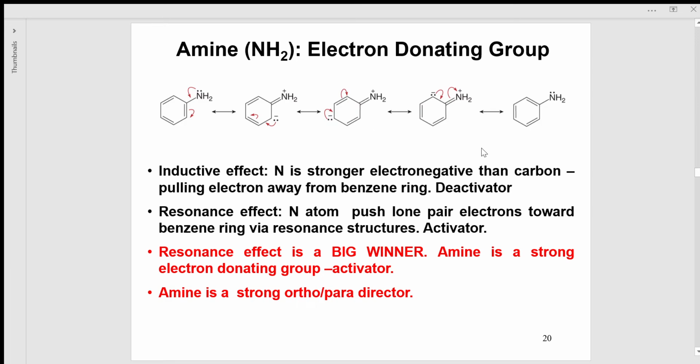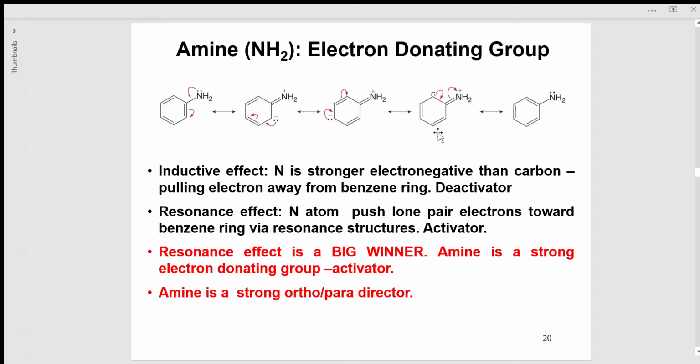In other words, the two electrons on this nitrogen are basically donated to the benzene ring, which increases the electron density of this benzene ring. Or we can say the amine group is an electron donating group, with these three different resonance structures.